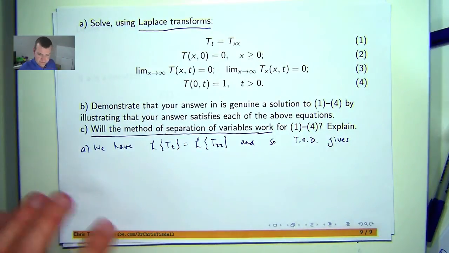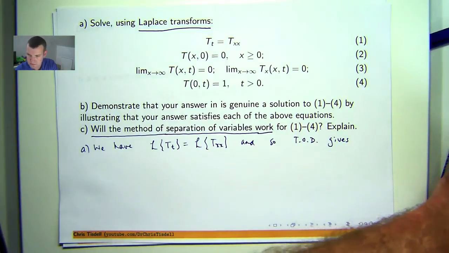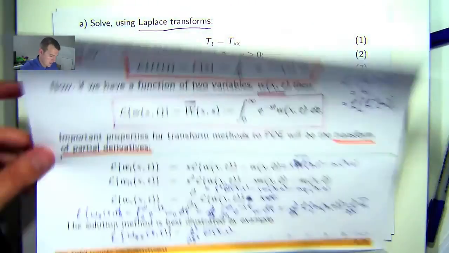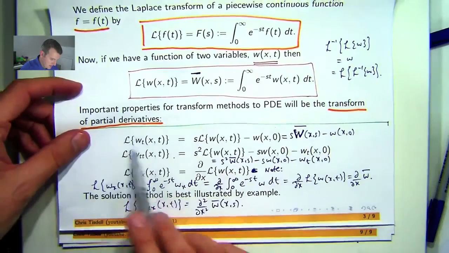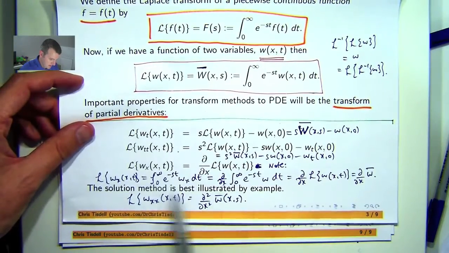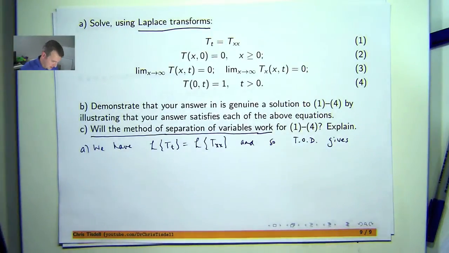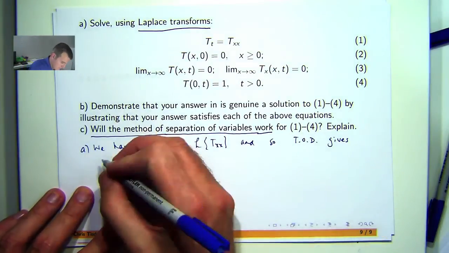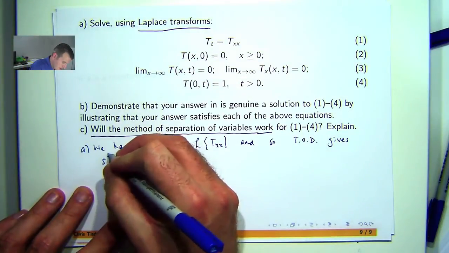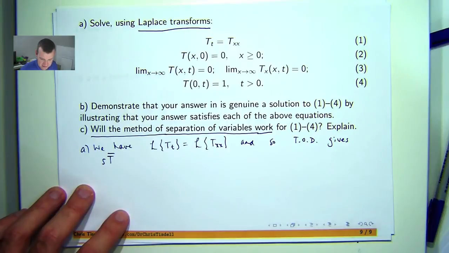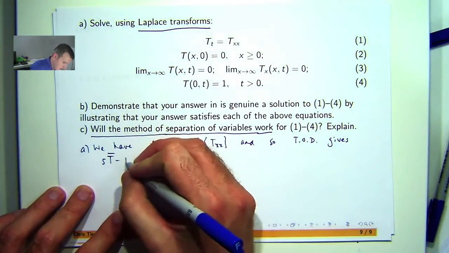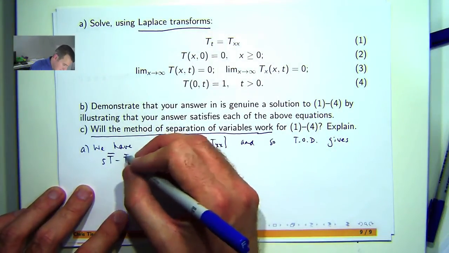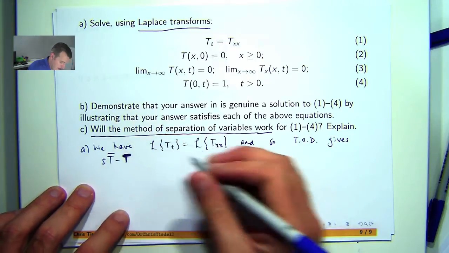Well, we're going to use this, and we're going to use this. Okay, so let's do that. So T bar is going to be the transform of big T in this context. Oops, sorry. That's just a regular big T there. Okay, no bar.